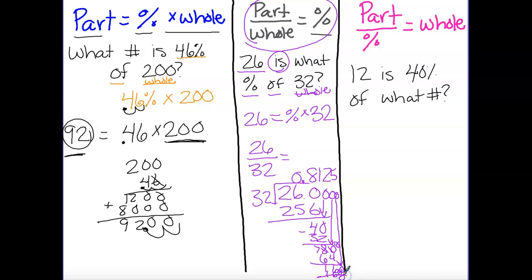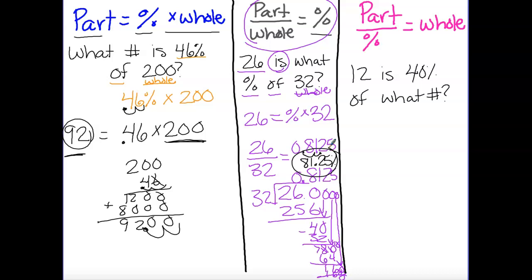I subtract and I get 0. So I got the decimal 0.8125. I need to change that into a percent, so I move my decimal to the right twice, 1, 2, and I get the answer of 81.25%.